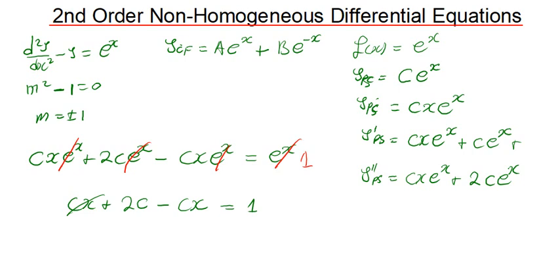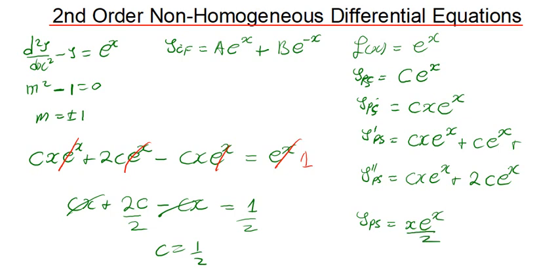No, this goes and that goes, so I remain with, you say divide by 2 here, divide by 2, so meaning c is equals to 1 over what? 1 over 2. Okay, so it basically means your particular solution yps is equals to, where you have your c here, you put 1 over 2, so that would be like x e to the x divided by what?